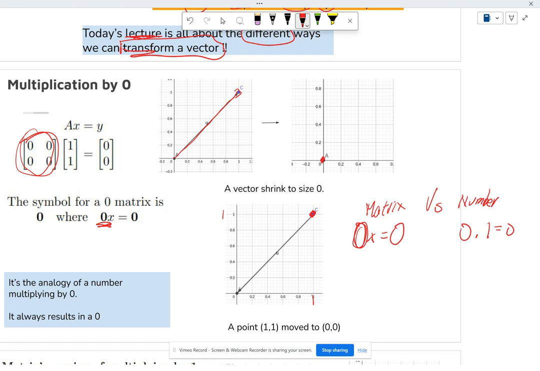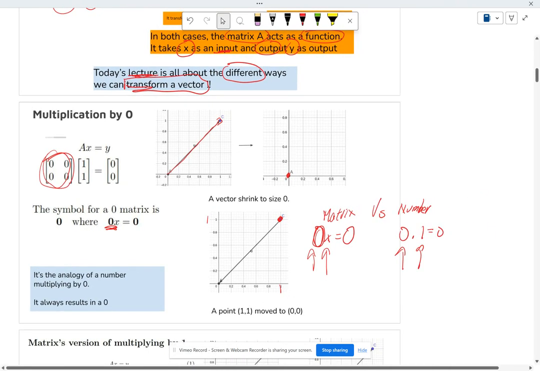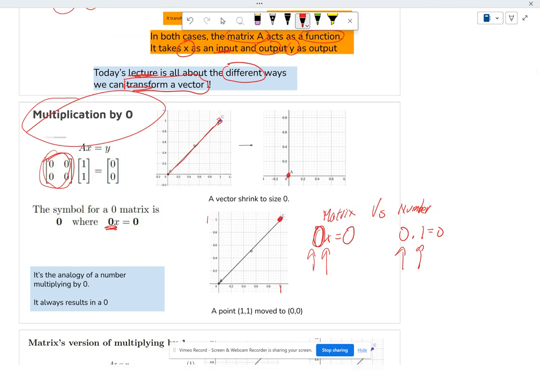What I want you to start seeing is the pattern that we want to start thinking of matrices and vectors more and more in terms of numbers, in terms of how they act, that they're going to act very similarly in many ways. One example I just showed you is that there is an analogous version of 0 in matrices as well.